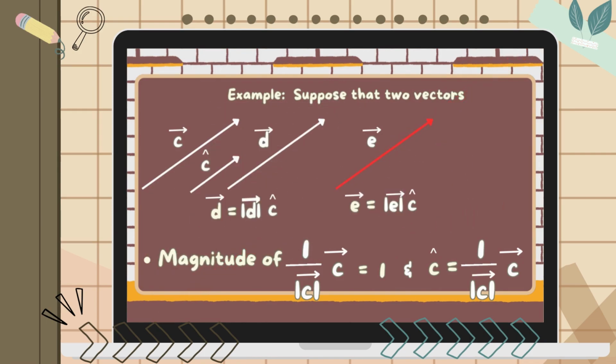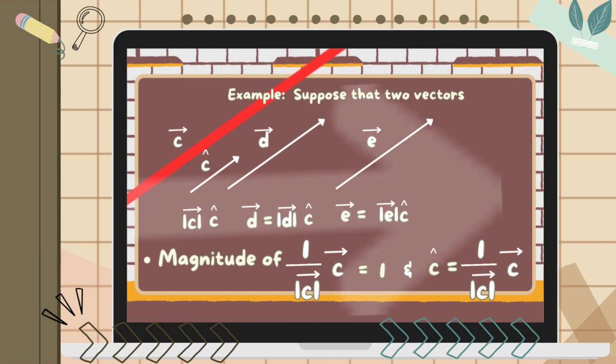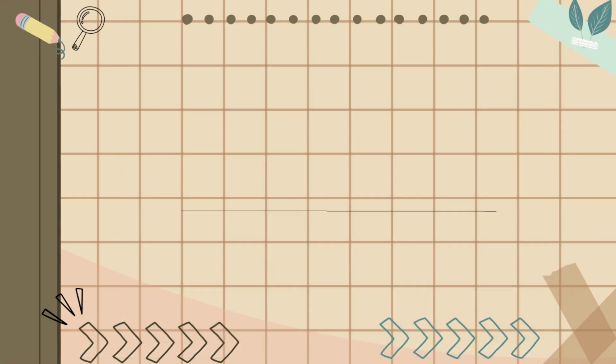Similarly, vector E will be equal to the magnitude of vector E times the vector C hat. And here as well, we can write vector C as equal to the magnitude of vector C times the vector C hat. So now the idea of a unit vector is very clear to us.